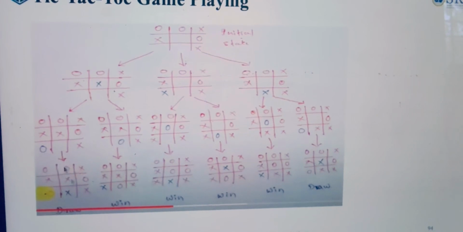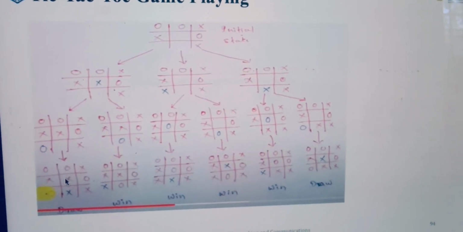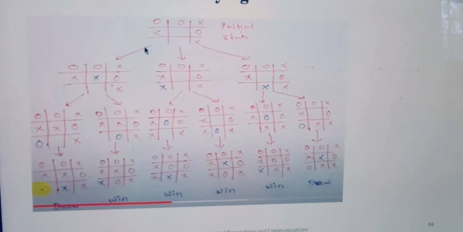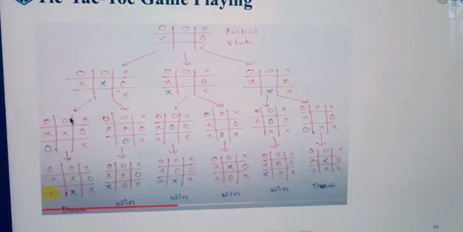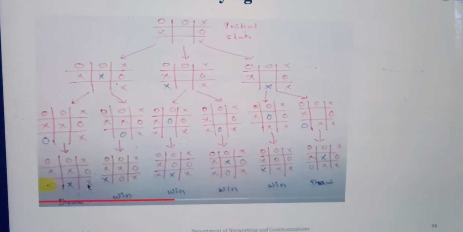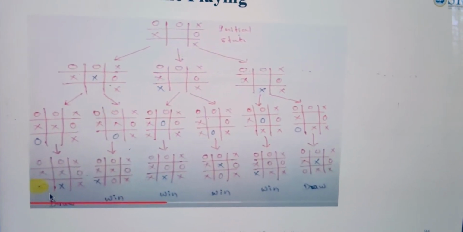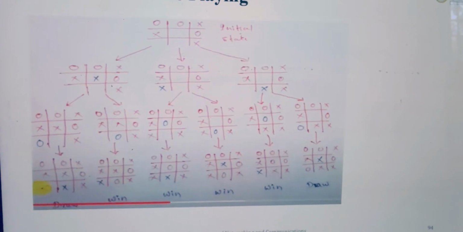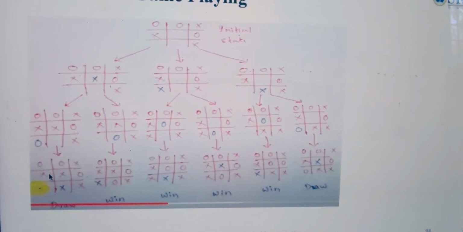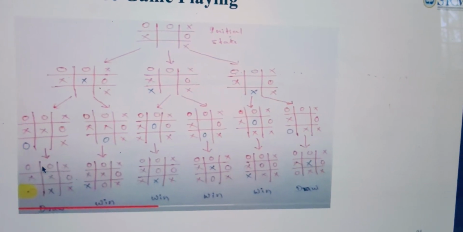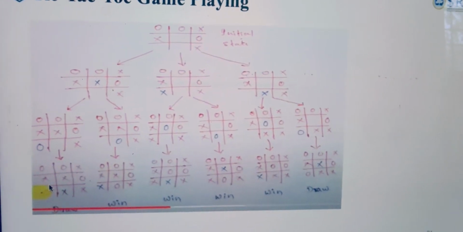Now you tell me, where does this lead? If you played this way, from this initial state following this path, it leads to this. Is X winning anywhere? This particular first one, no. X is not winning because X is not in order, either diagonally, horizontally or vertically.